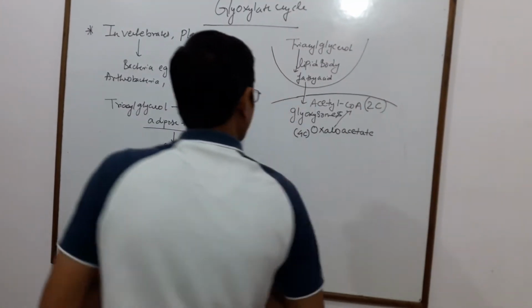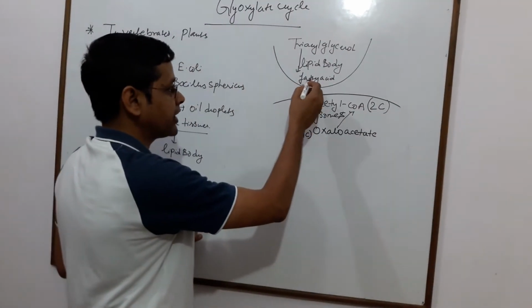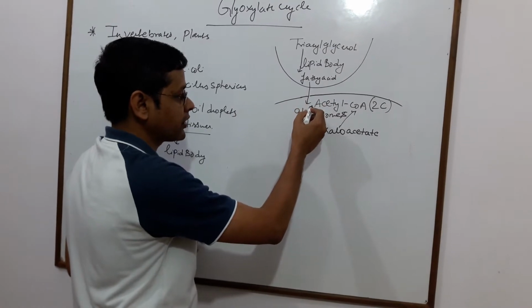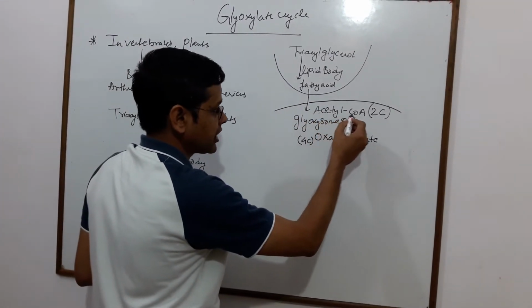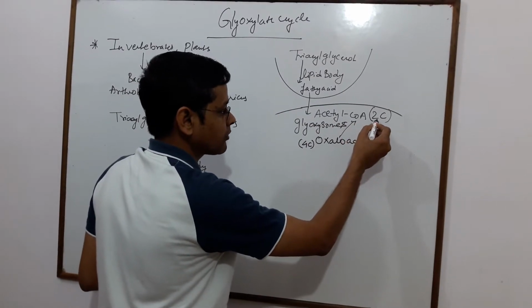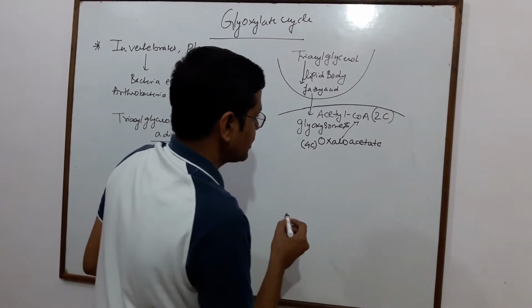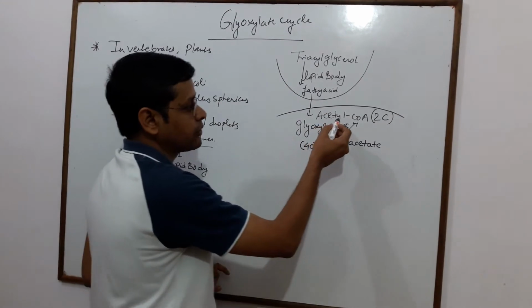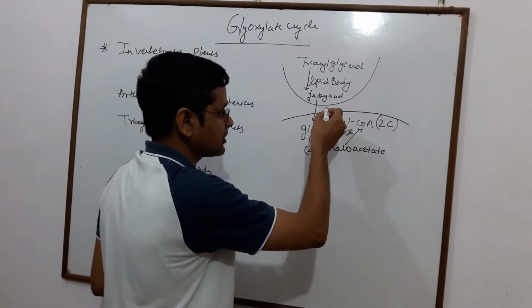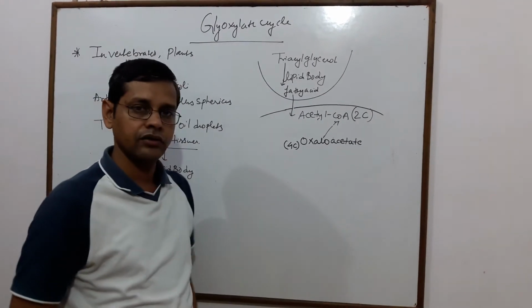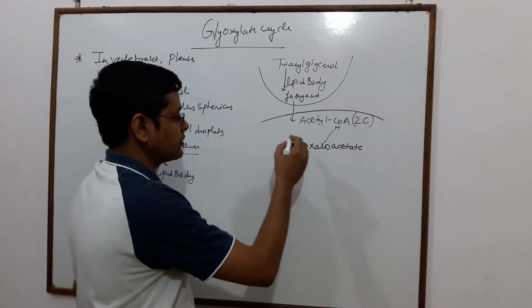So this fatty acid is broken down into a smaller unit called acetyl coenzyme A, a 2-carbon compound.